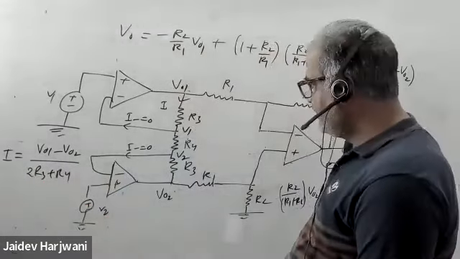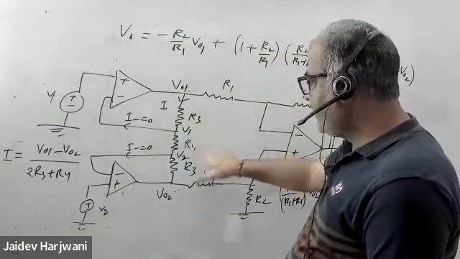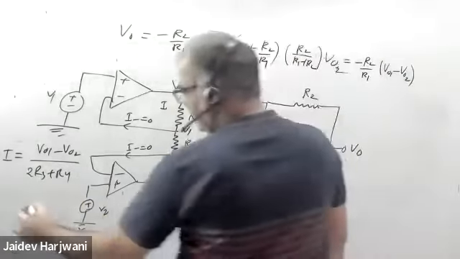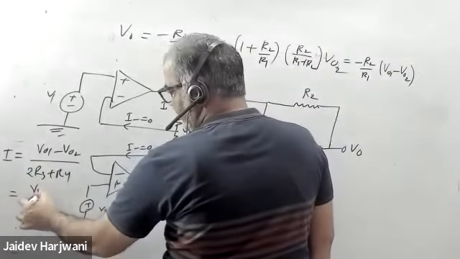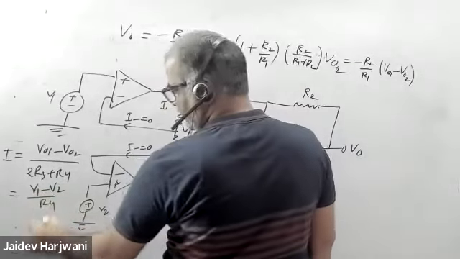Okay, and this same current I can also write in terms of V1 and V2. So this same current I can also write as V1 minus V2 upon R4.